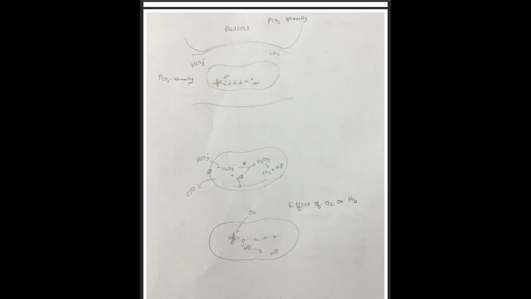So this is what happens in alveoli, and we also know that in alveoli oxygen gets transported into the deoxygenated blood and makes the blood oxygenated. So oxygen molecule is transported from the alveoli into the RBC.